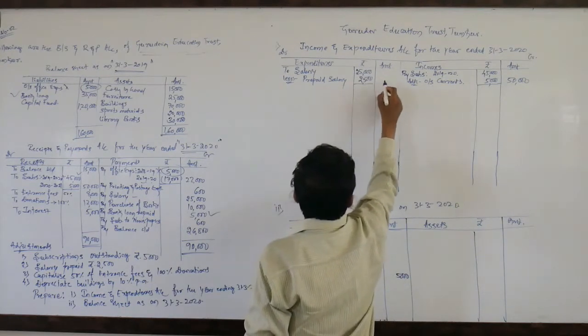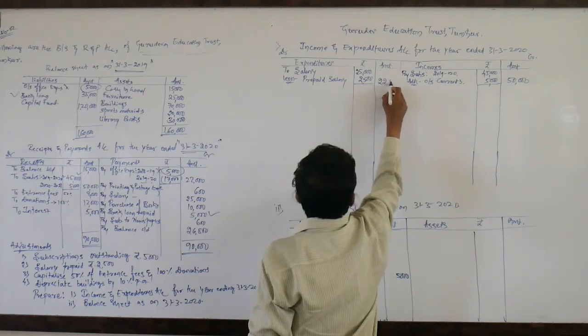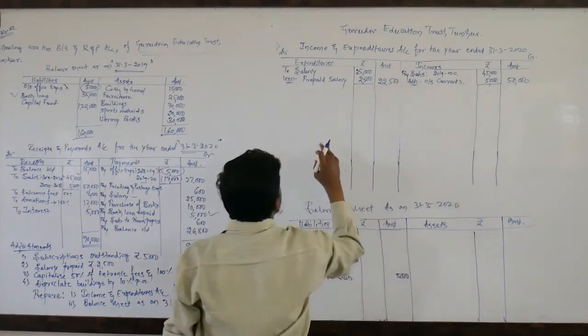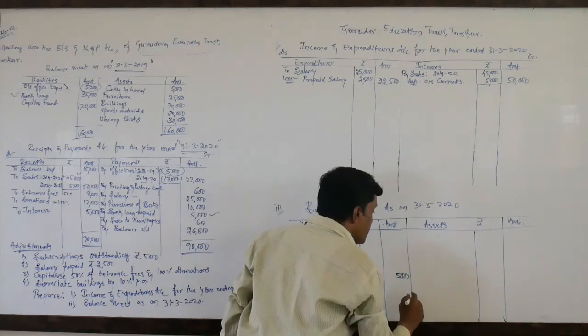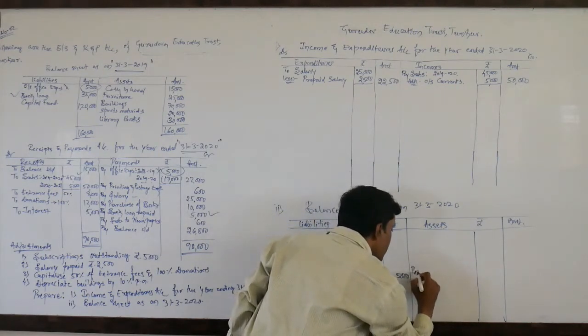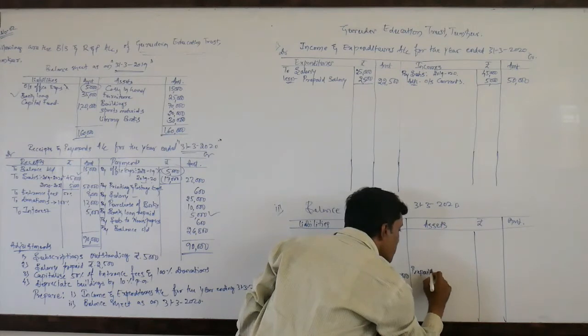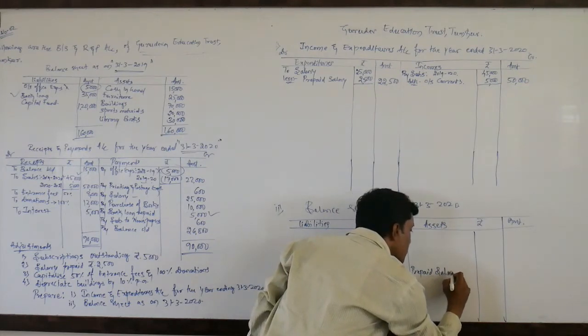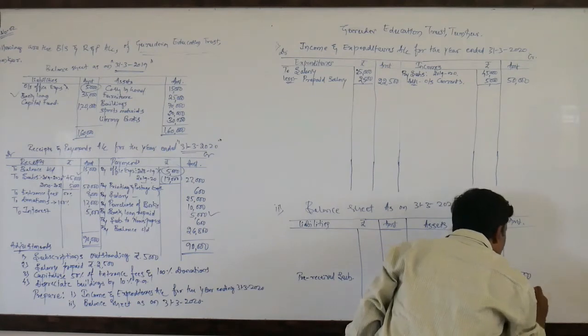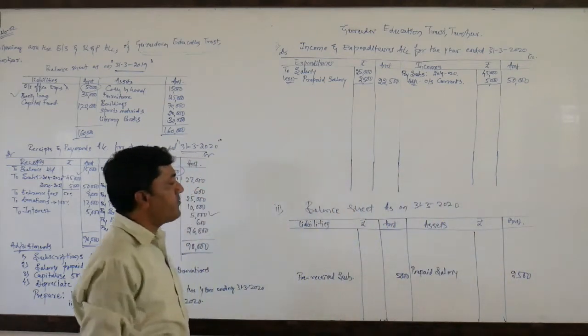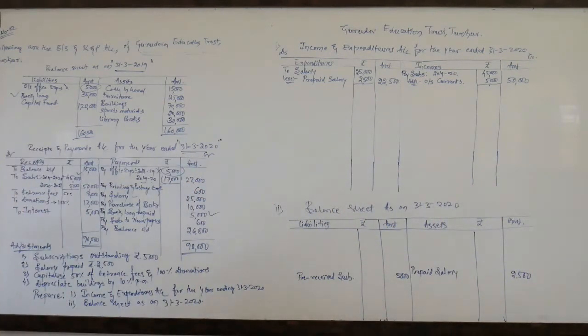The current year salary is rupees 22,500. So prepaid salary is to be shown on the asset side. Prepaid salary of rupees 2,500. Here I have written twice because this is from the adjustments. So I have completed two adjustments.